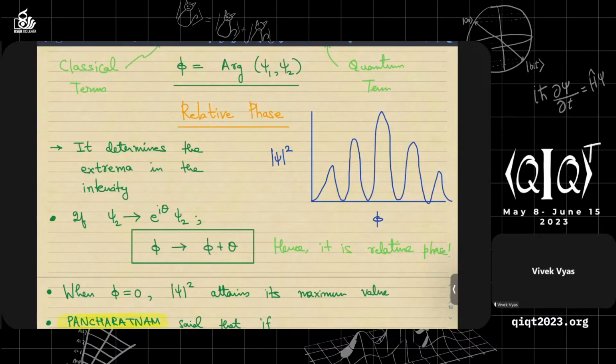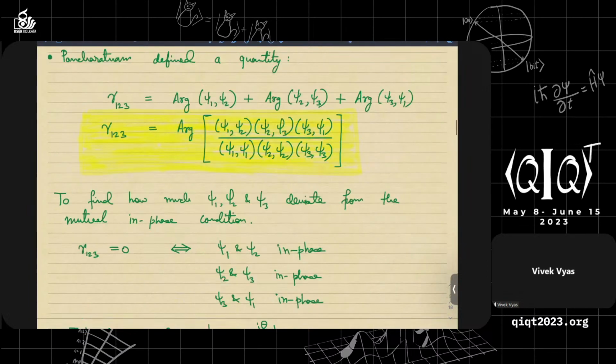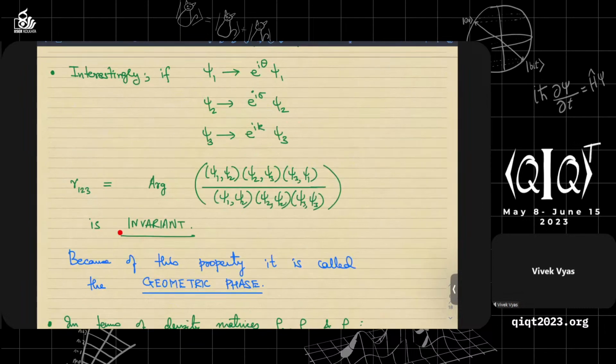But here, this object does not change. So in some sense, this object is invariant, a fundamentally different object at a different pedestal. And now we understand, later it was christened as the geometric phase.